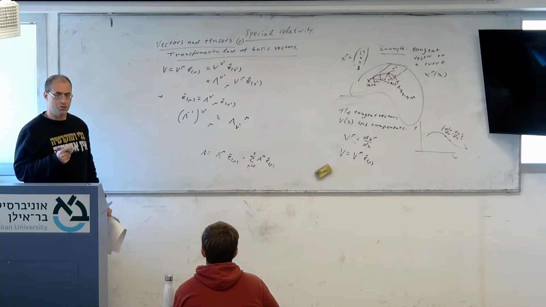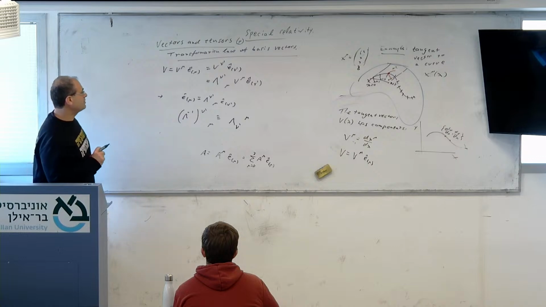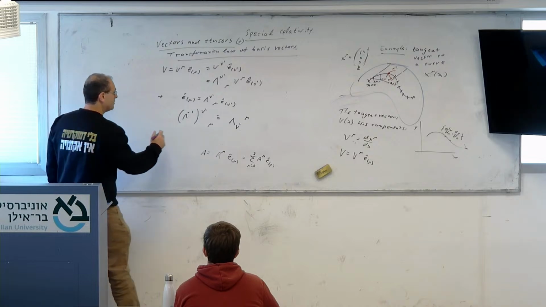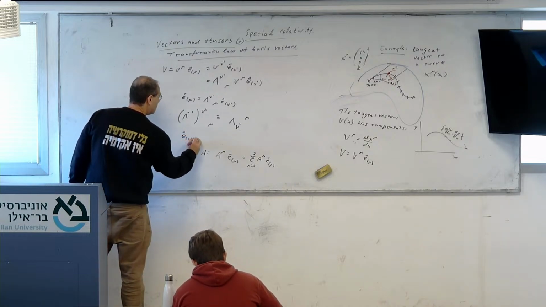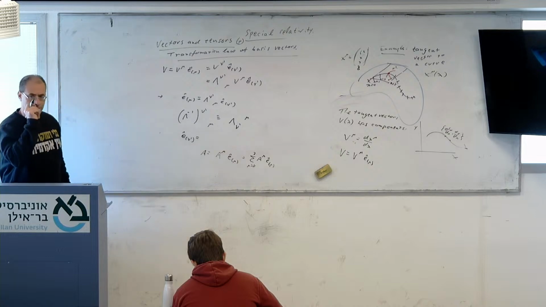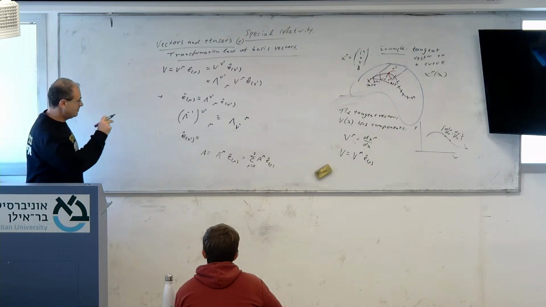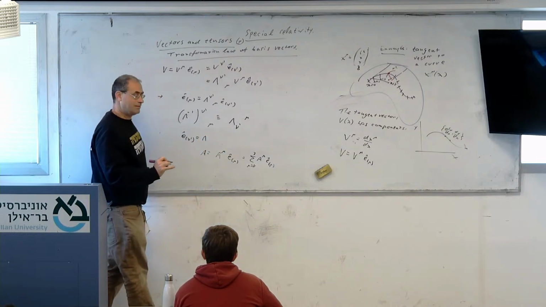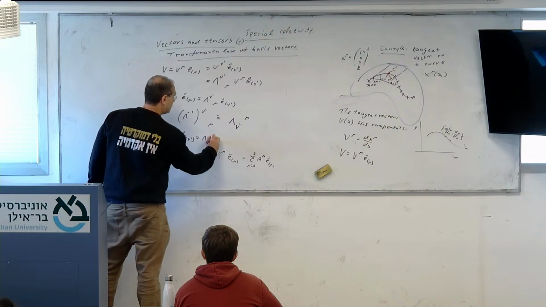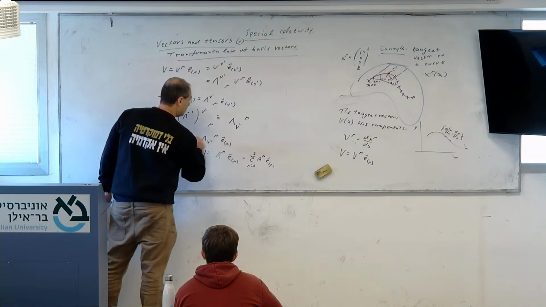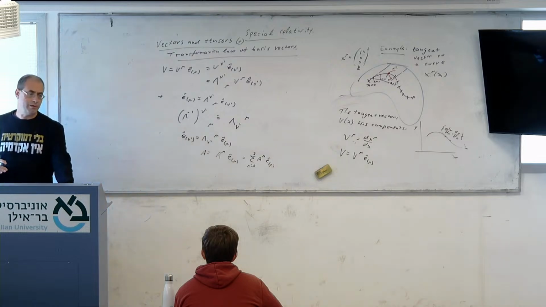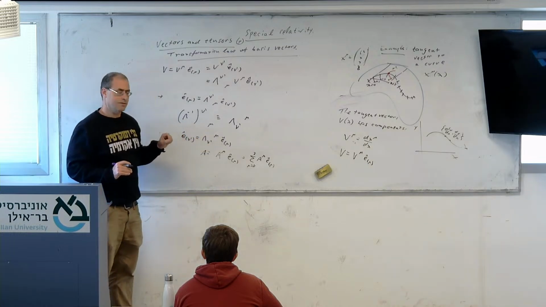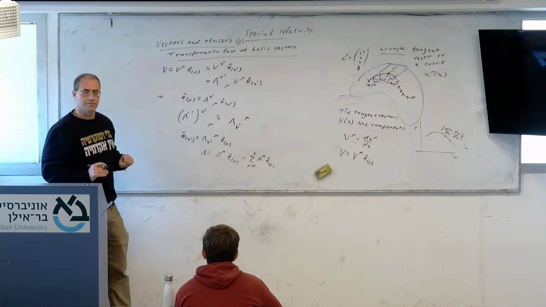And if I use that, then I can write down the new basis e nu prime as lambda mu nu prime e mu. I'm quite good with my notation, right? Mu is a dummy index, yes.